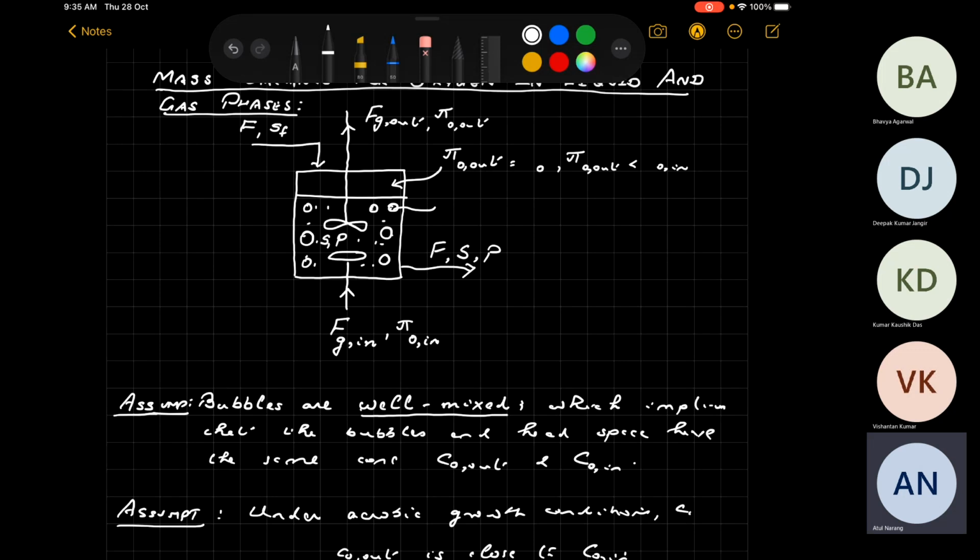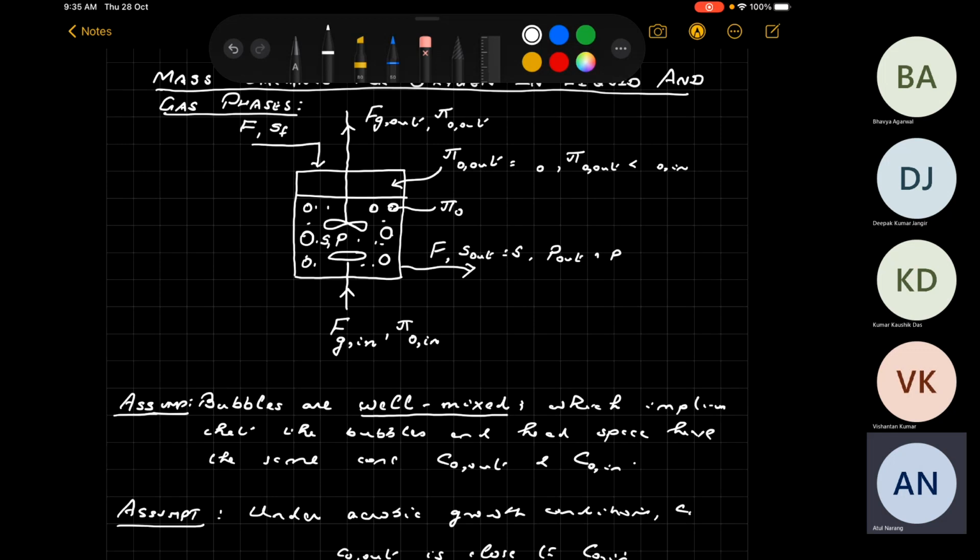Okay, so here is our notation. Actually, for the sake of simplicity, I will also write S.